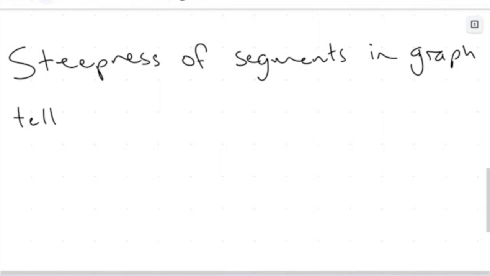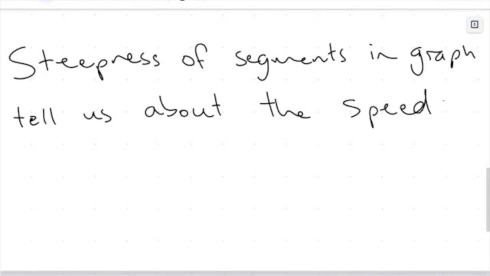So the steepness of the segments of the graph tells us about the speed, right? Because speed just relates distance to time taken. And what are the two key takeaways? Well, a bigger slope, so a sharper slope, let's write that.